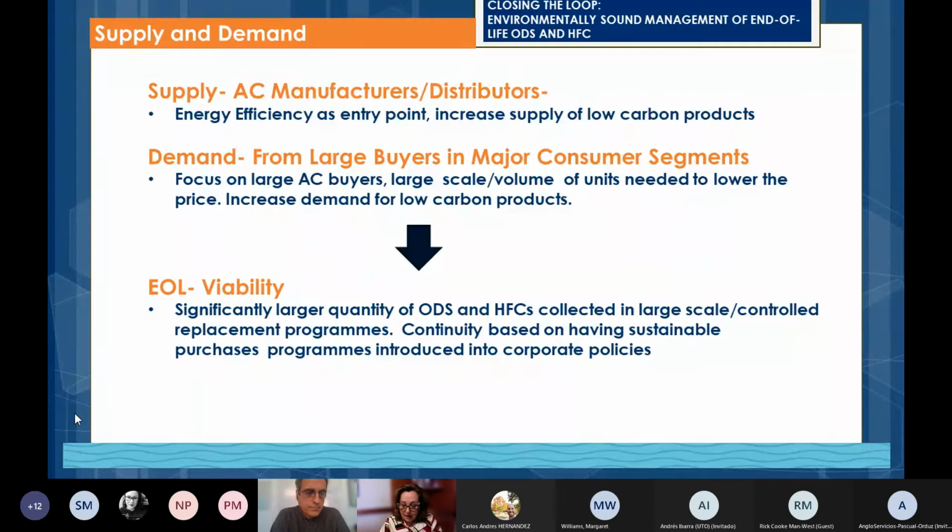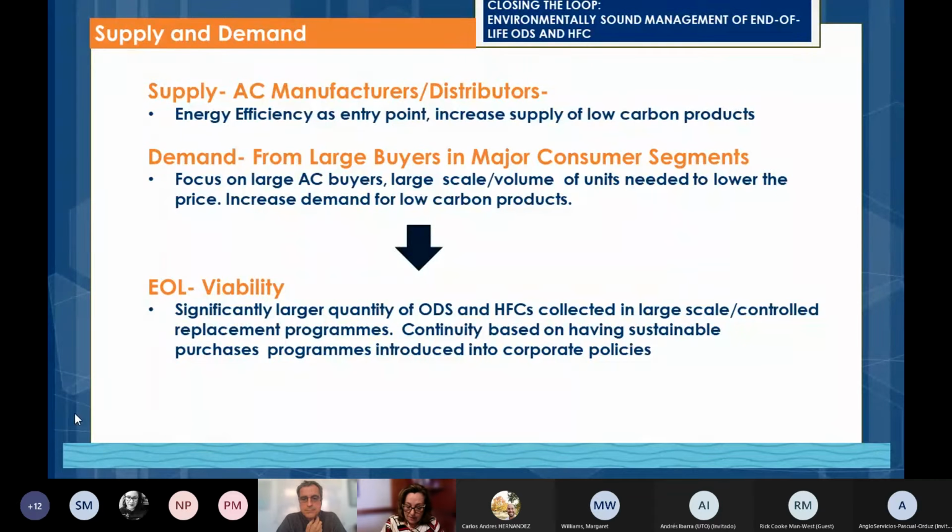On the demand side, we focus on large buyers and pull the demand for AC units needed to negotiate the lower price.